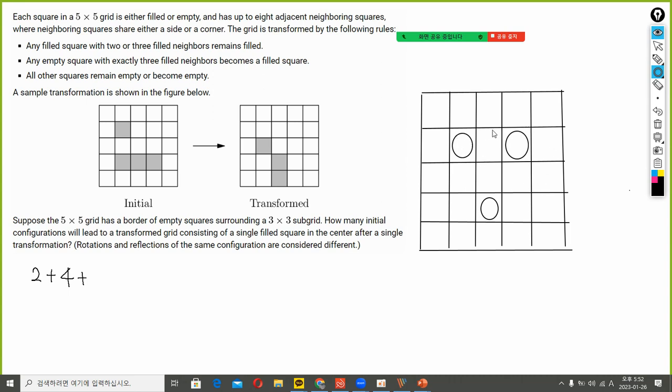However, for the center grid, there are three neighbors filled, so the center becomes filled after transformation. So in this case, we can rotate this edge 90 degrees 4 times. So this type of pattern is possible in 4 ways. So additional 4 is added.